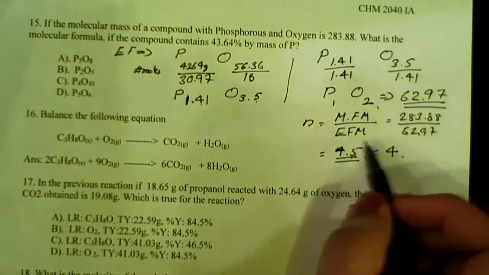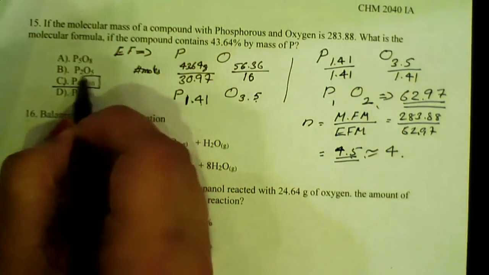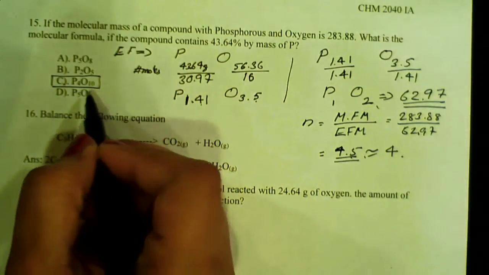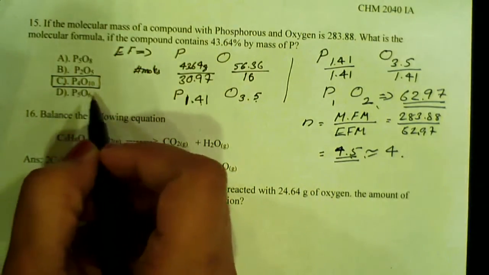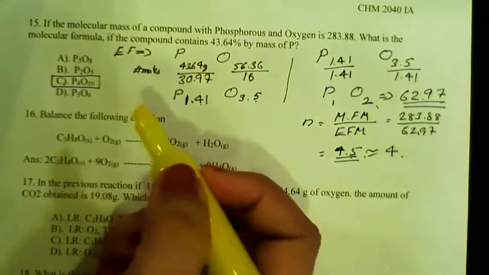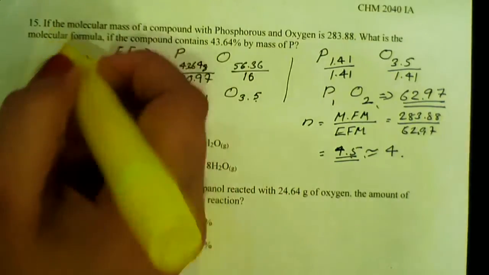So and then you have to multiply your empirical formula with the constant.